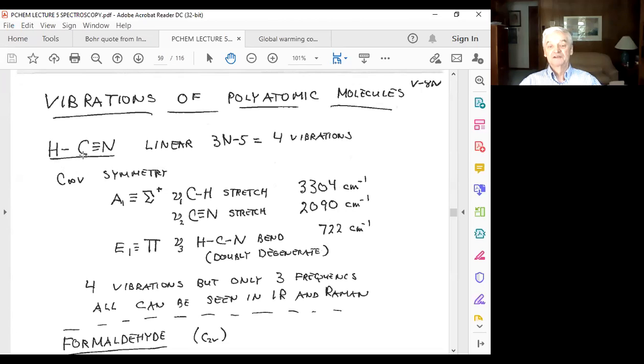And both those vibrations would be the same. So you see we have 4 vibrations, but there are only 3 frequencies that you see. My notes are going to show the A1s and sigma pluses and pi's and stuff like that. That refers to symmetries. We're not going to cover that in this course.